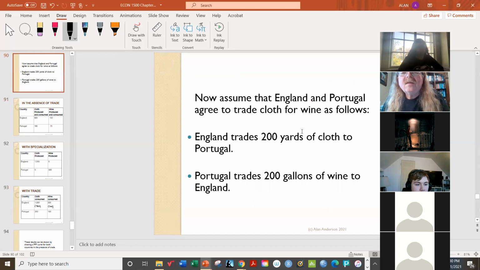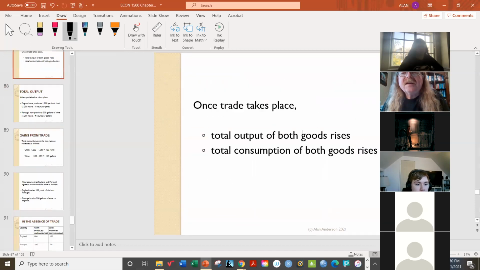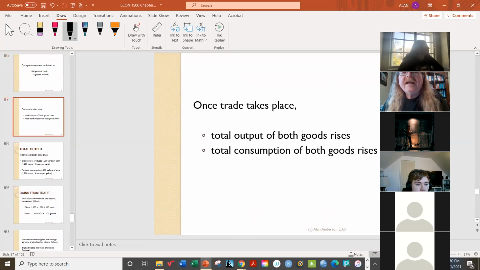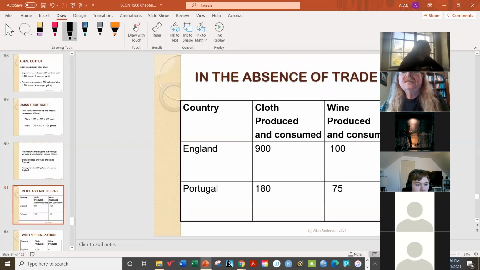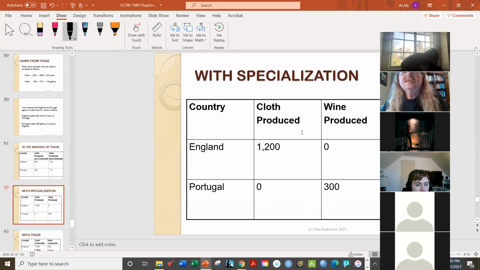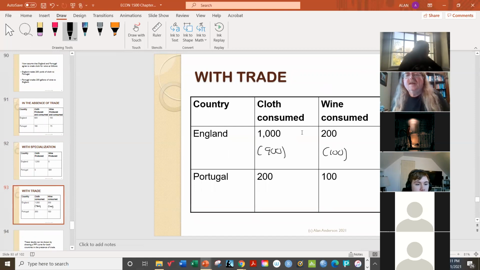What did they have before? Let's see, I forgot already. 180 and 75. So those numbers in parentheses are what they started out with. So who gained and by how much?